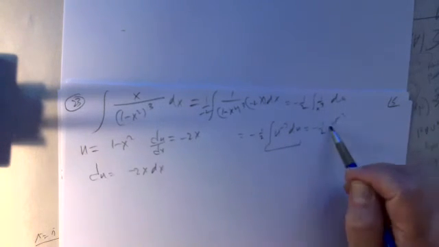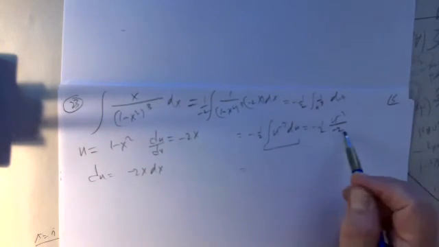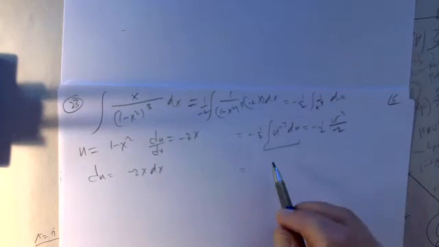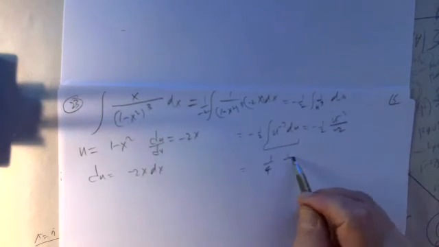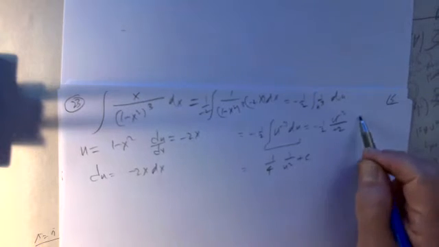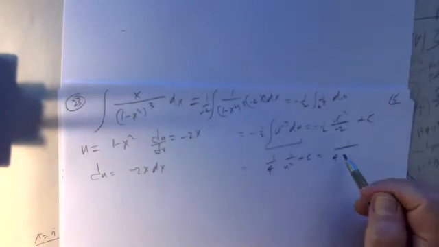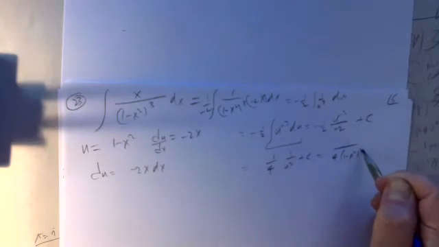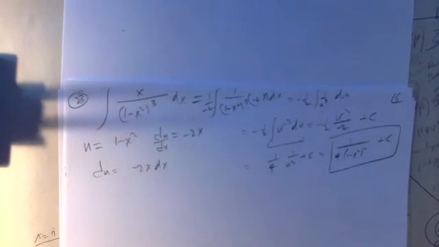It's u to the minus 2 over minus 2. So minus times minus is plus. This is 1/4. U to the minus 2, that's 1 over u squared. So this is 1 over 4 times 1 minus x squared squared plus a constant.